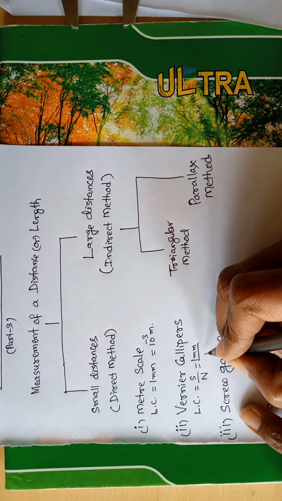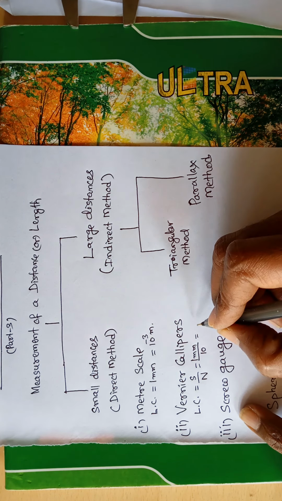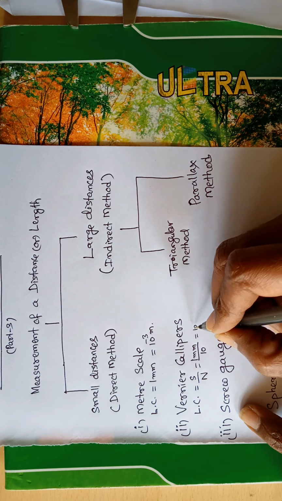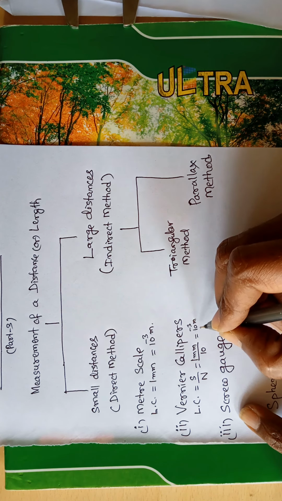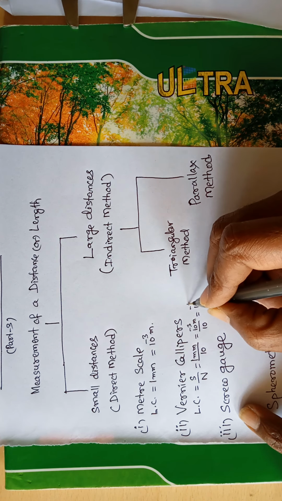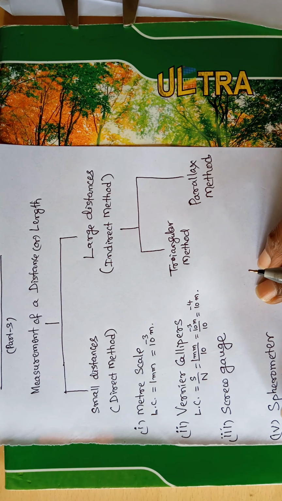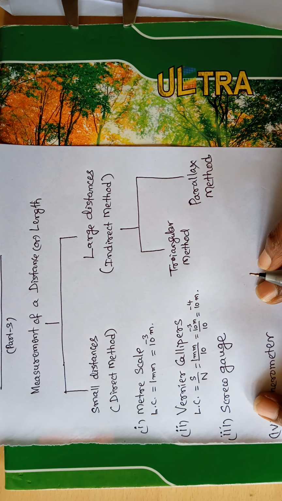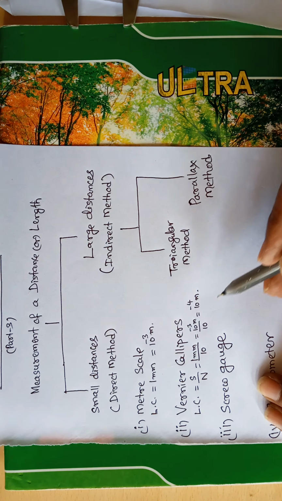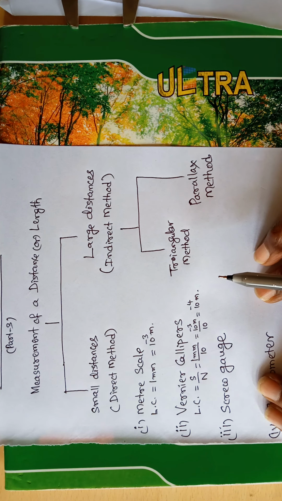There are 10 divisions, no? So milli means 10 power minus 3 meter, divided by 10, means 10 power minus 4 meter. It's the least count. See, it is 10 times more sensitive than our meter scale, no? That is only up to 10 power minus 3, but this is up to 10 power minus 4. 10 times sensitive.